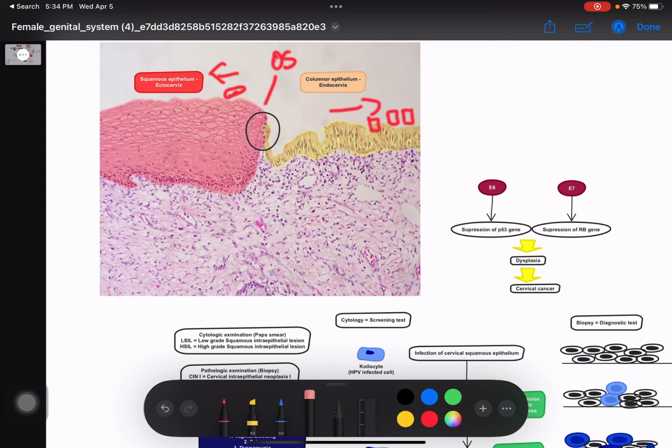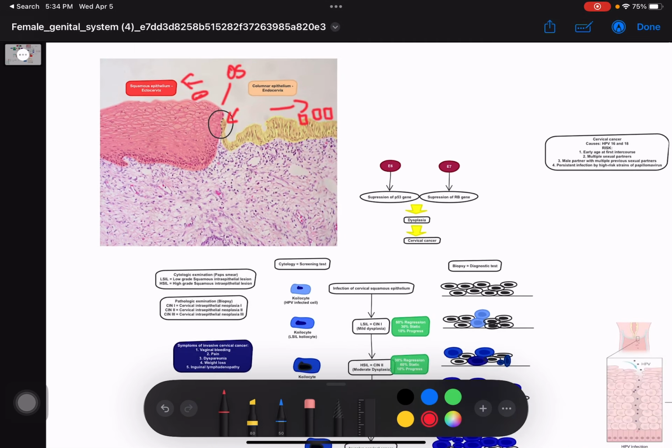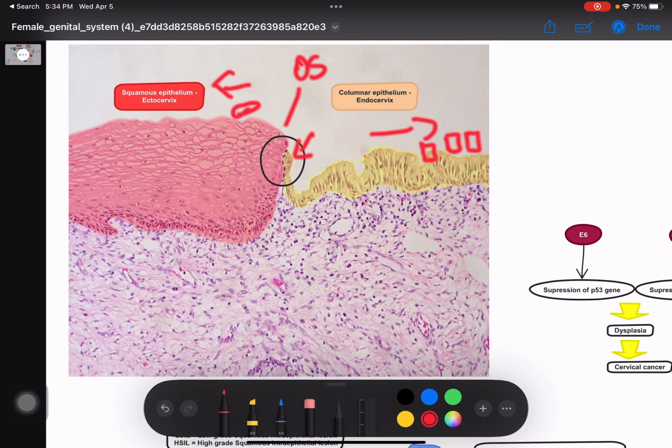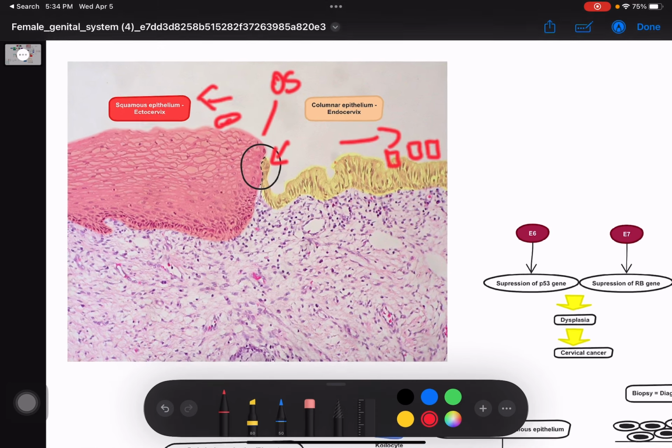HPV usually targets cells which are getting transitioned here. So transitioned squamous cells are the main target of the HPV infection, which subsequently causes its effects in squamous cells near the os of the cervix, right?